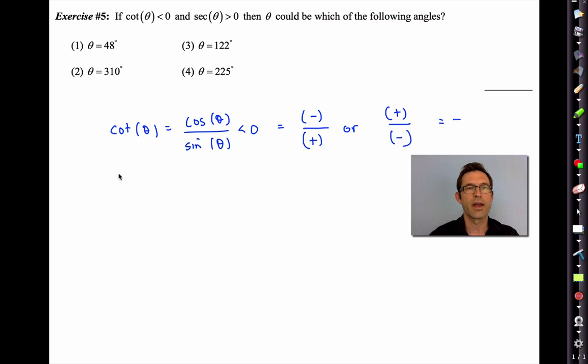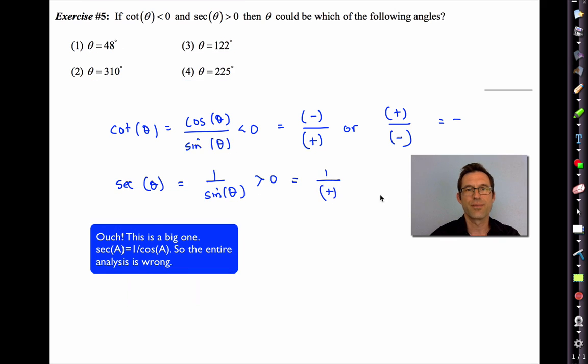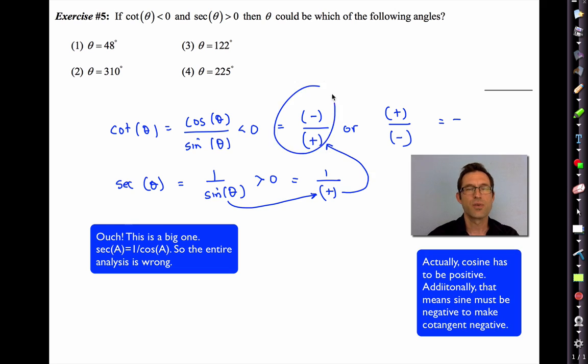On the other hand, secant theta, which is 1 over cosine theta, is greater than 0. So that's got to be this deal. That means cosine has to be positive. So we've got to be in a scenario where the sine is positive, and remember that's the y-coordinate, and the cosine is negative.